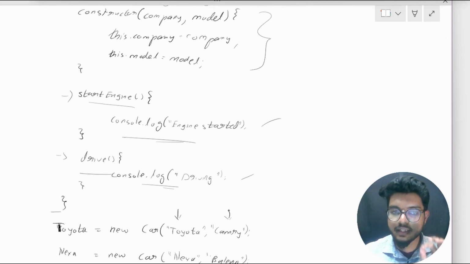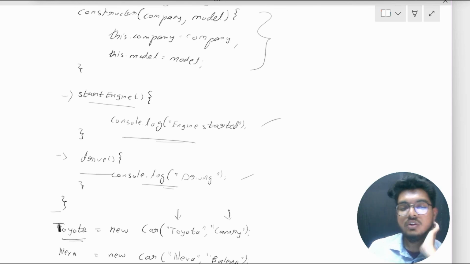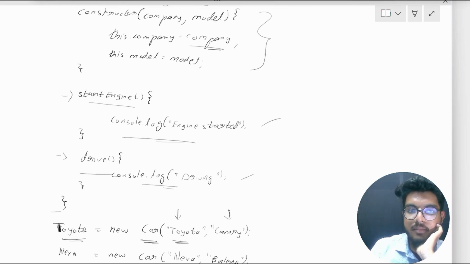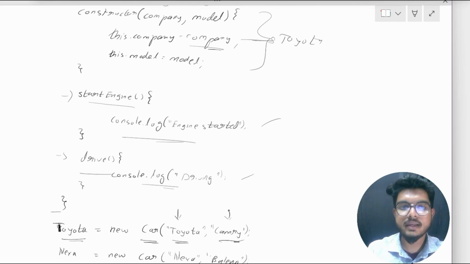So this Toyota object is from the car class, which has the company name Toyota and model name Camry.